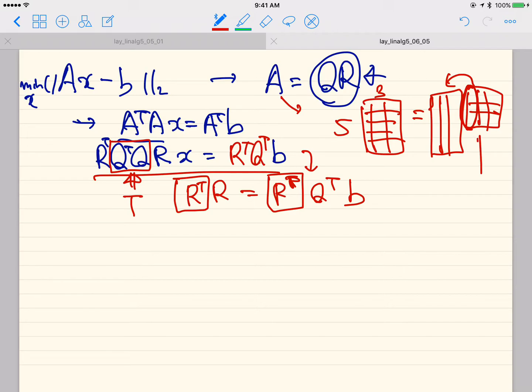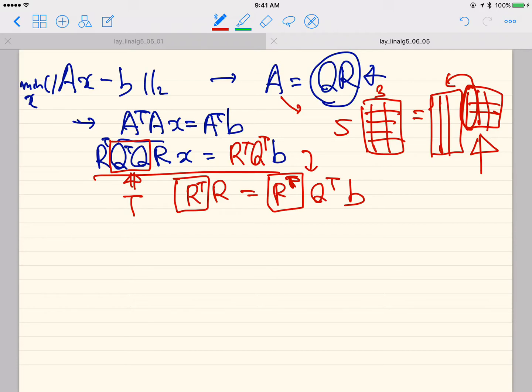So R is a square matrix, and also an upper triangular matrix, and all the diagonal entries are non-zero, right? If a diagonal entry is 0, it means that the corresponding vector is linearly dependent, and that's when the residual becomes exactly 0.